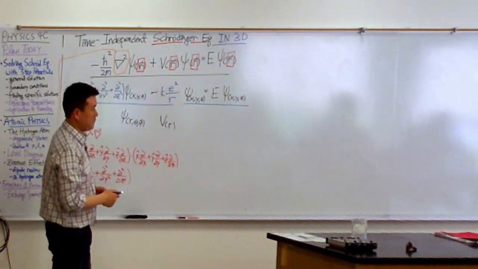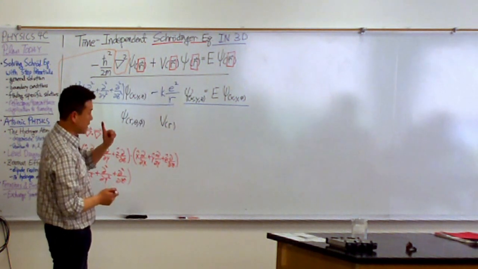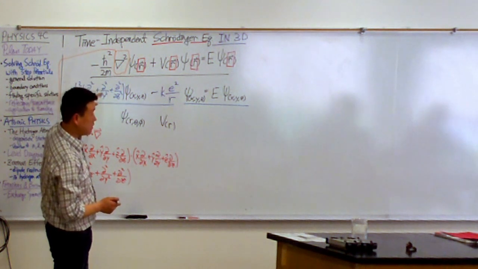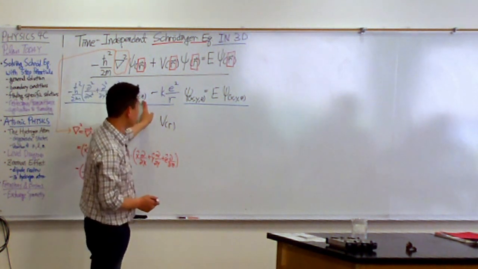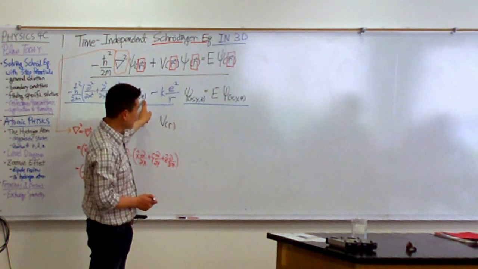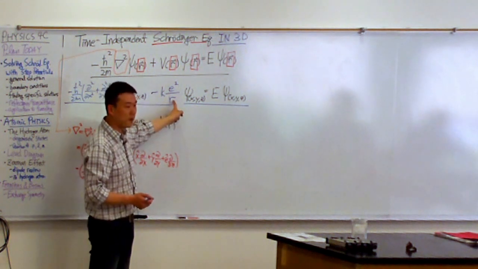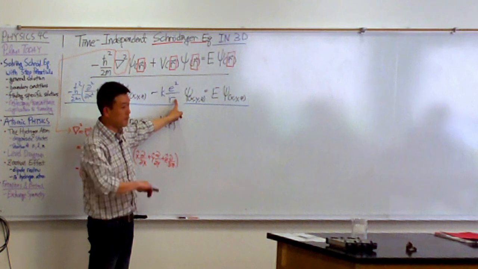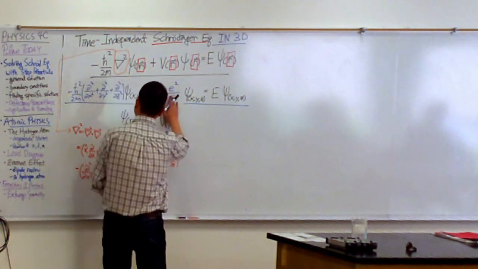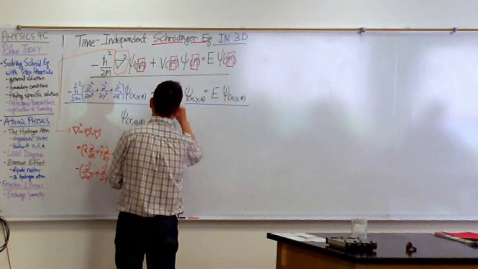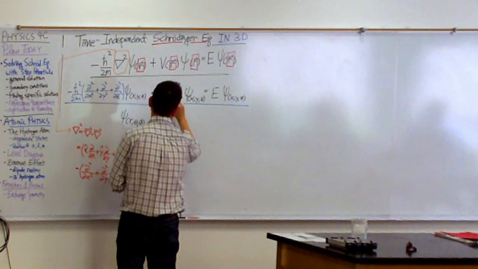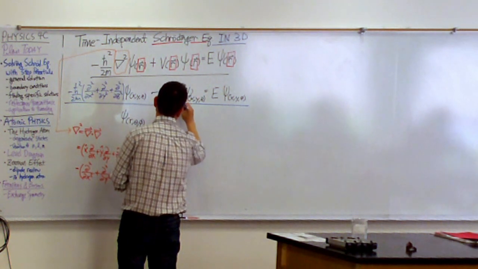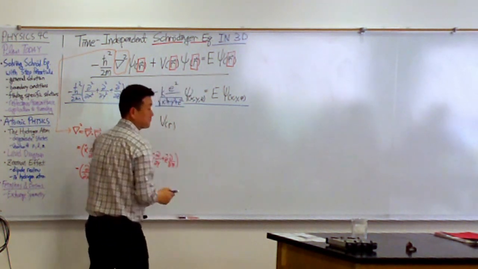But that's wrong, because I'm writing this equation in terms of Cartesian coordinates x, y, z. I cannot just suddenly put in a spherical coordinate variable. So I have to rewrite r in terms of my Cartesian variables, meaning the square root of x squared plus y squared plus z squared.